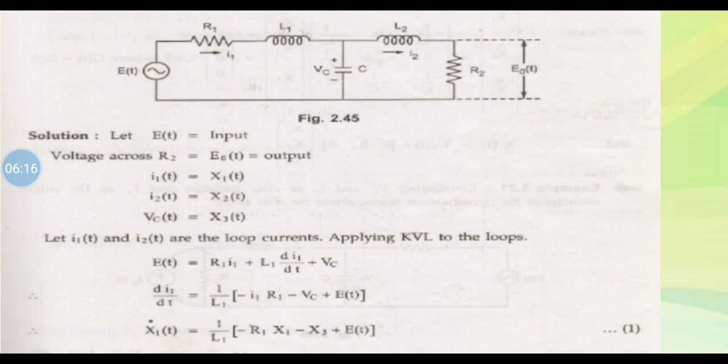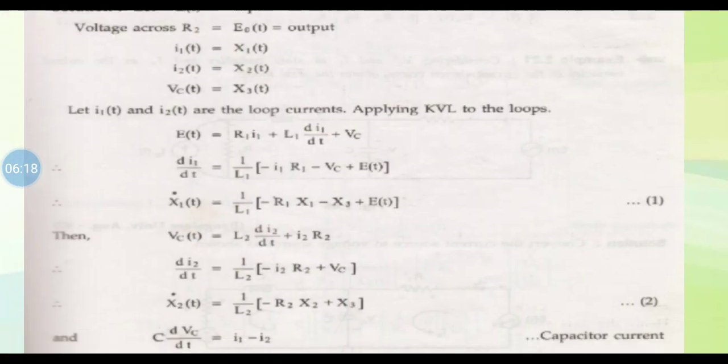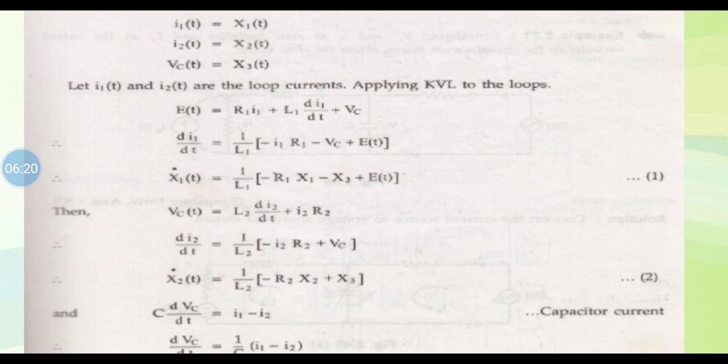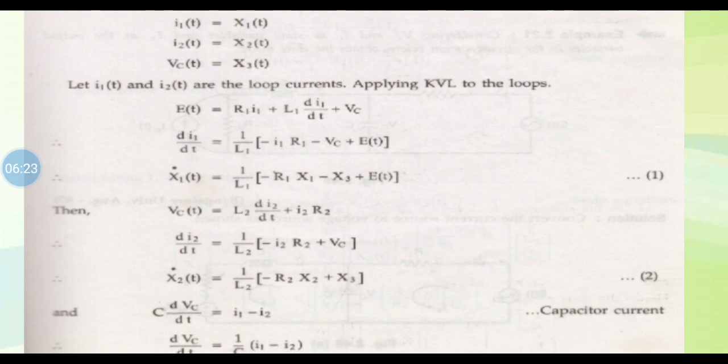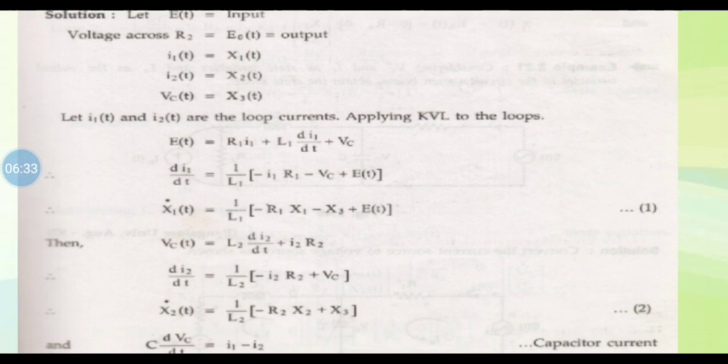Therefore di1 by dt is nothing but x1 dot of t. So it will be 1 by L1 times minus R1 x1 minus x3 plus E of t.